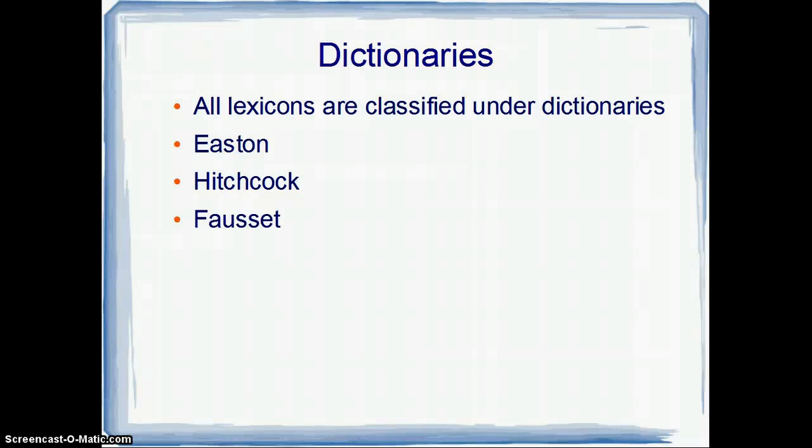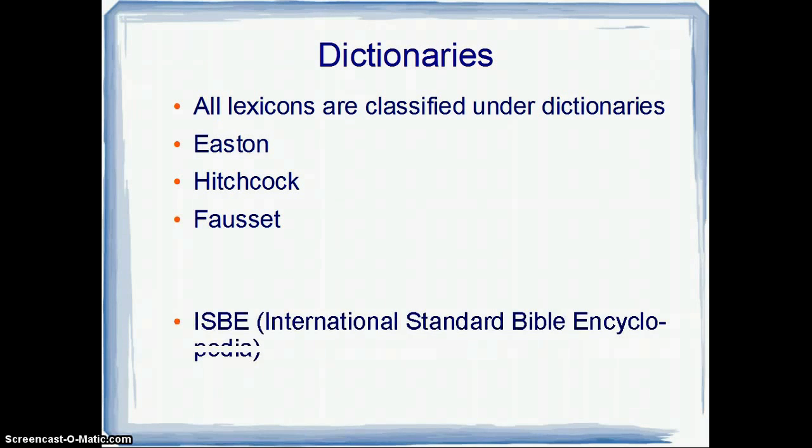Fawcett's Dictionary. Now, Fawcett is different than Jamieson, Fawcett, and Brown. This is a regular standard dictionary with regular dictionary articles like you would expect to find in a dictionary. And of course, my favorite has always been the ISBE, the International Standard Bible Encyclopedia. It's very thorough. It's still somewhat of a standard among Bible scholars today.